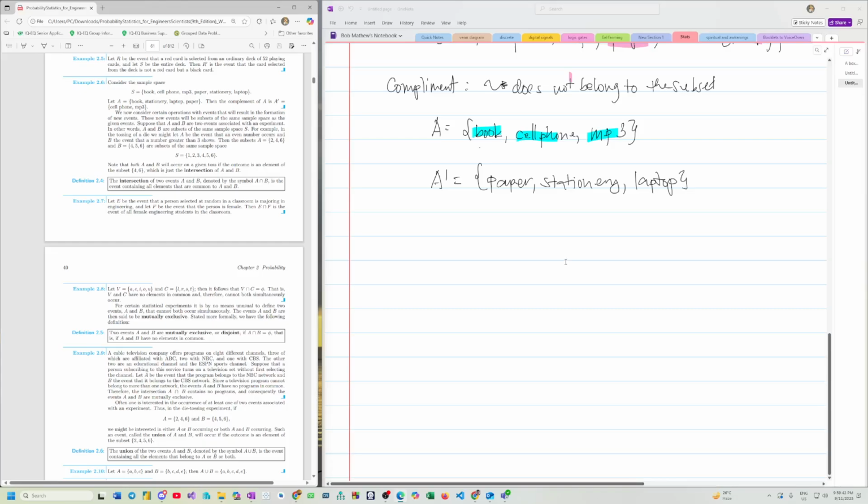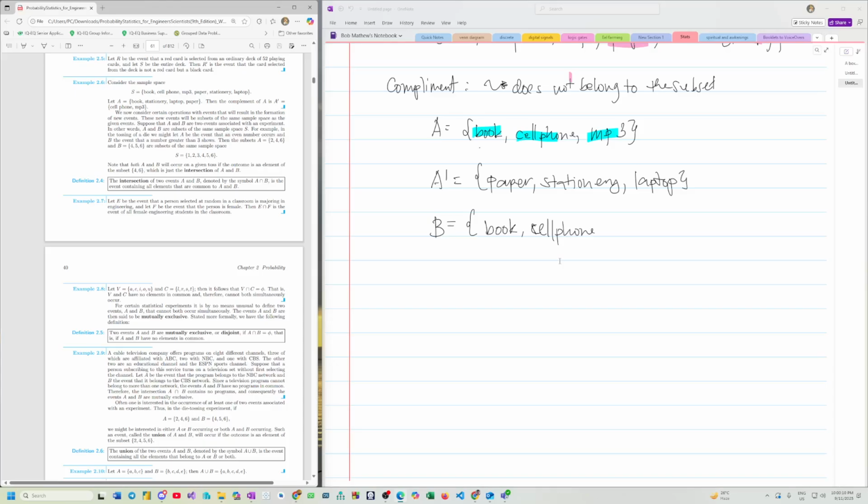Intersection. Let's say B is equal to book, cell phone, and laptop. Now we have an operator as well called intersection, which we use like this.